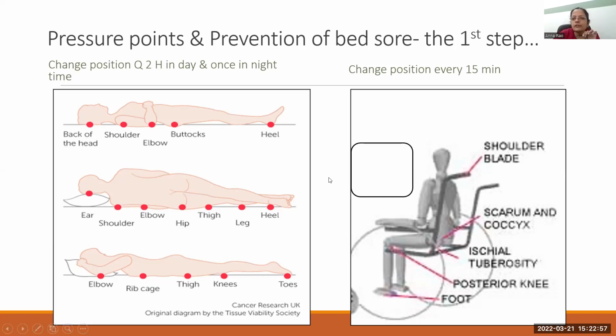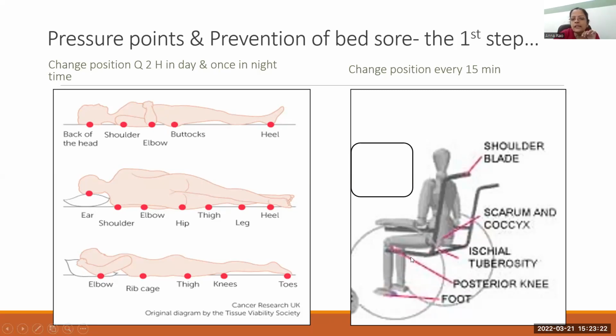What about the patients who are in a wheelchair? It is advised that every 15 minutes, some movement of the patient is required so that he doesn't develop pressure sores. Here also you can see where all he can develop pressure sores.